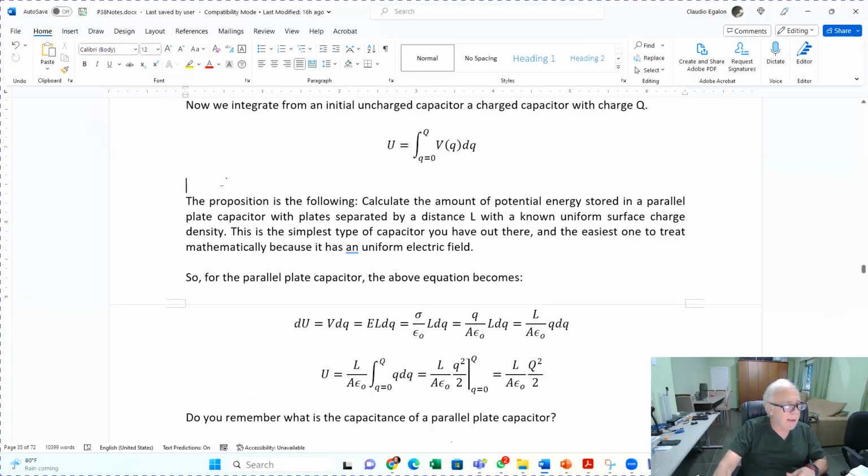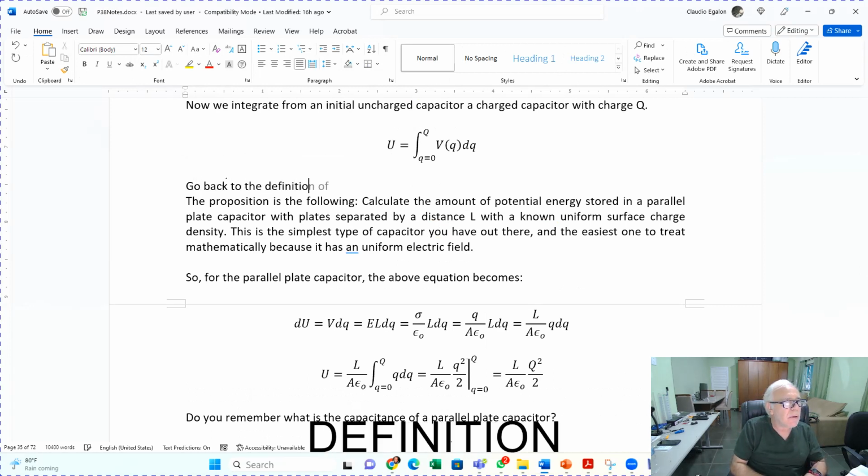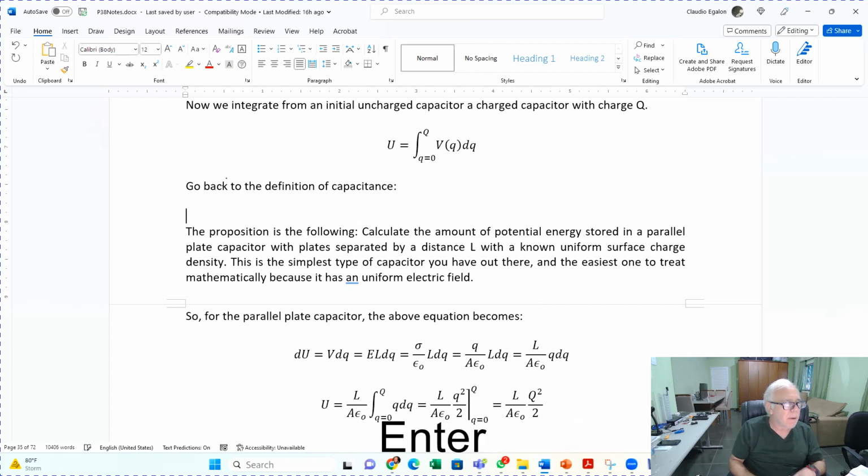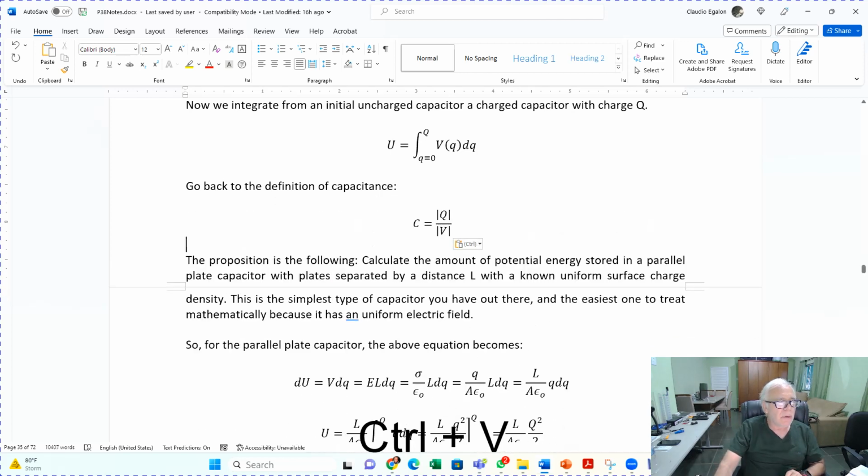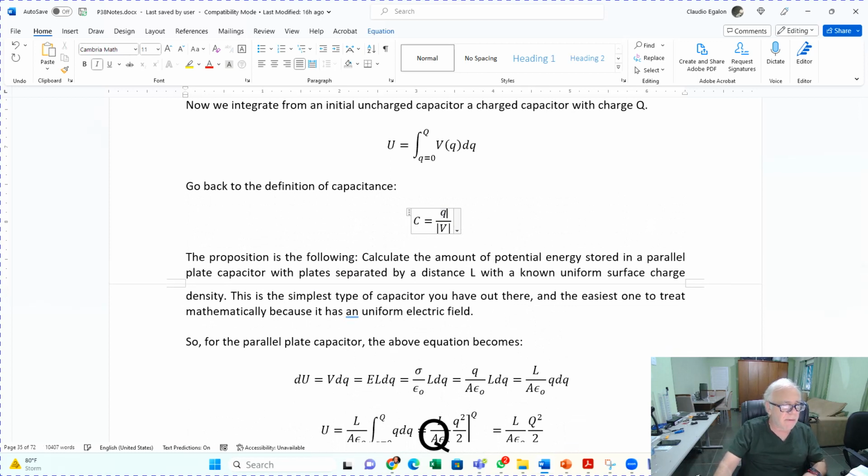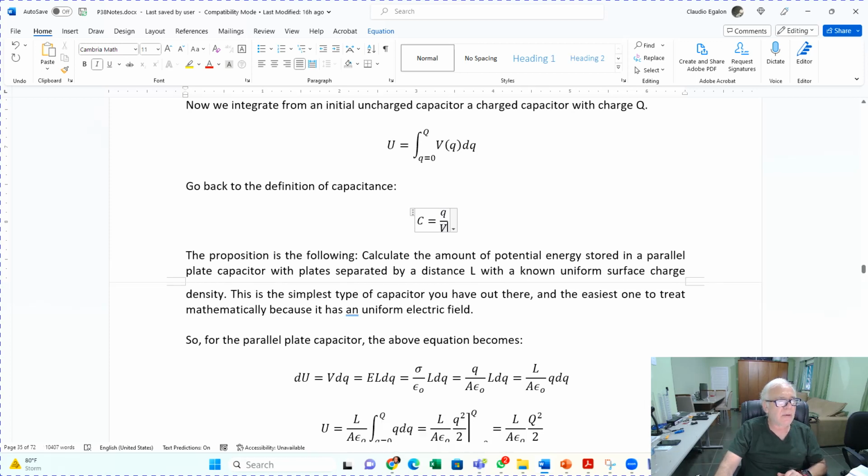At this point in time, we go back to the definition of capacitance. That's why it's so important for you to, and I'm going to just redefine as a q here, right? Instead of big Q, let's define as a small q to stay consistent with the definition.